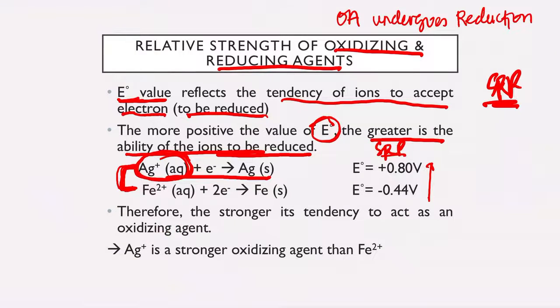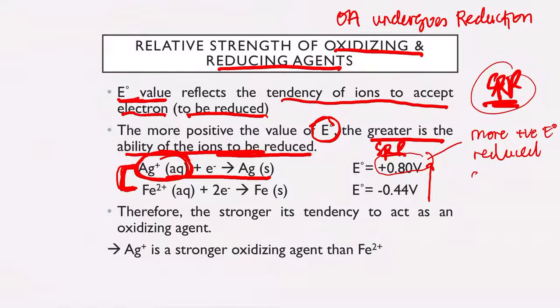Okay, so maksudnya aku nak tahu lah siapa yang lebih atas. Okay, more positive E0 dalam SRP awak, greater tendency to be reduced, undergo reduction, better oxidizing agent.